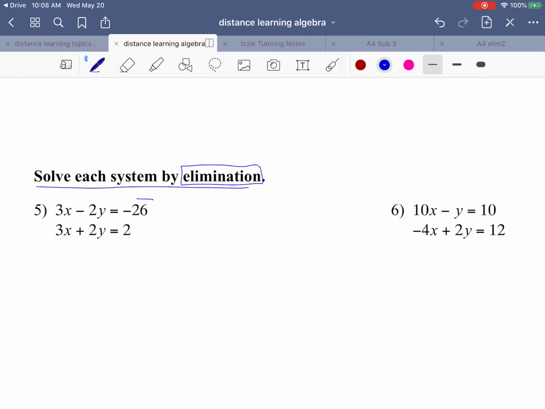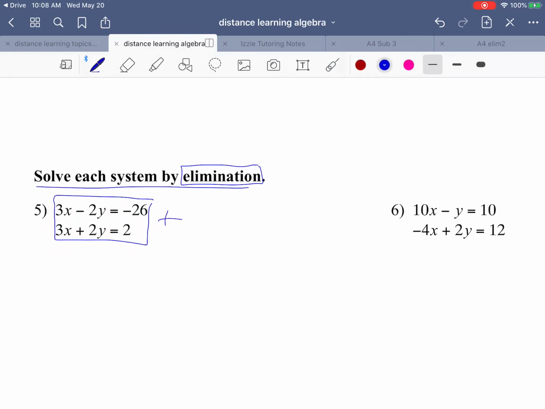If you look at this first problem, number 5, if I were to add the equations together, meaning I'm going to add straight down, I see that the x's line up, the y's line up, and the constants, just the numbers, line up.